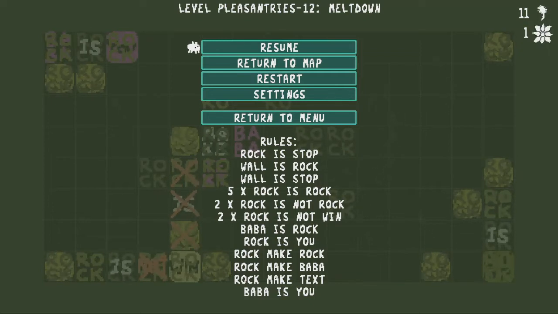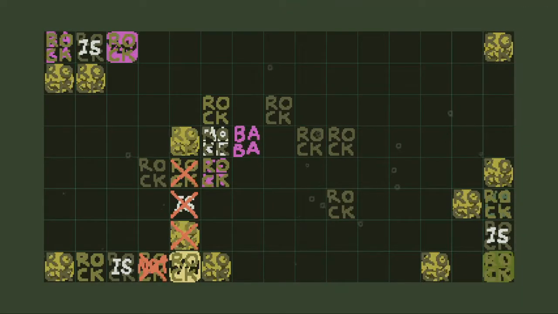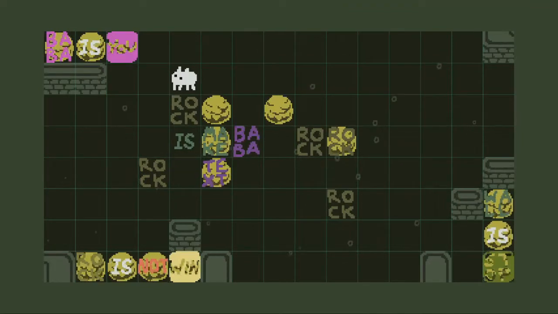So even though rock make Baba, and rock make text, and rock make rock, Baba is rock, maybe means that the Babas were turning into rocks already. And then the rock is not rock is getting rid of all the rocks. Okay, so that doesn't work.